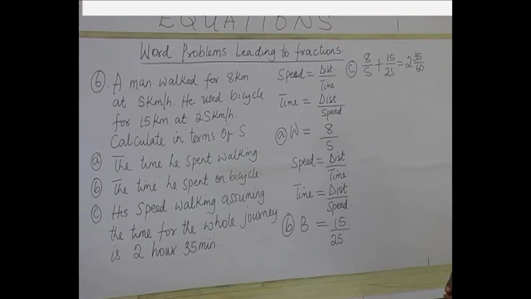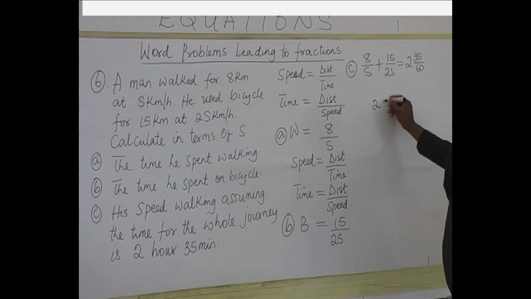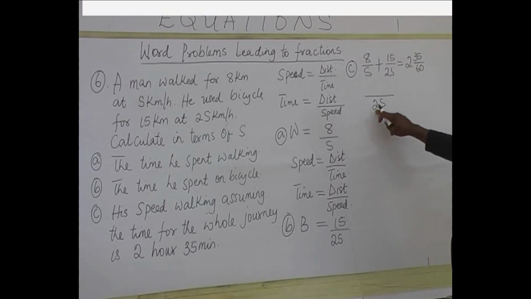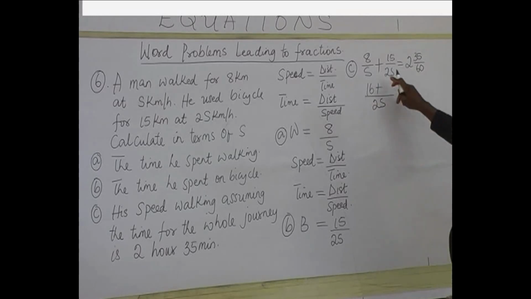Okay? Simplify the left-hand side of the equation. Find the LCM of s and 2s. It will give you 2s. Draw a line across. 2s divided by s leaves you with 2. 2 times 8 will give you 16. Plus 2s divided by 2s will give you 1. 1 times 15 will give you 15.